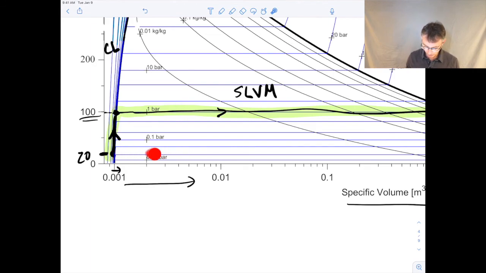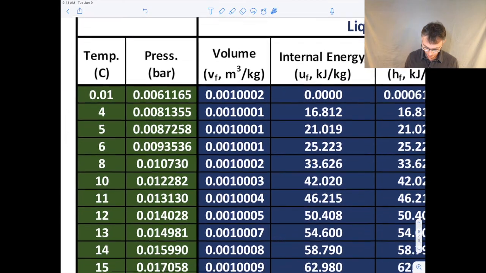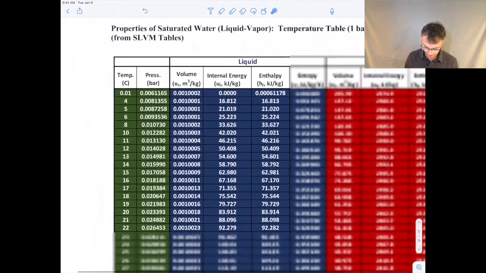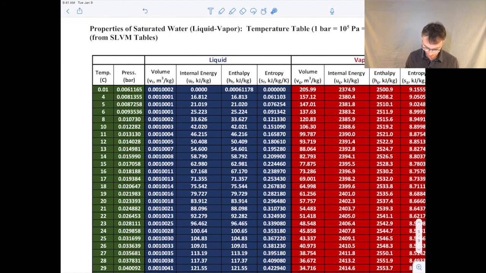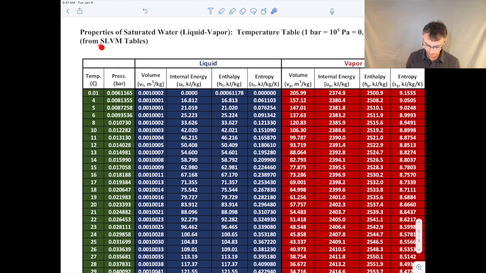So here is the corresponding pressure at that given temperature. Okay, so that's how you read this. Here's the temperature. Here's that corresponding saturation pressure at that particular temperature. This is inside the saturated liquid vapor mixture region, or underneath the vapor dome.